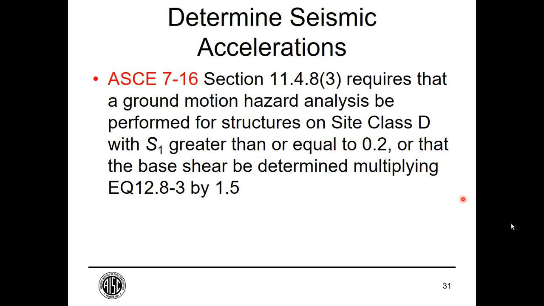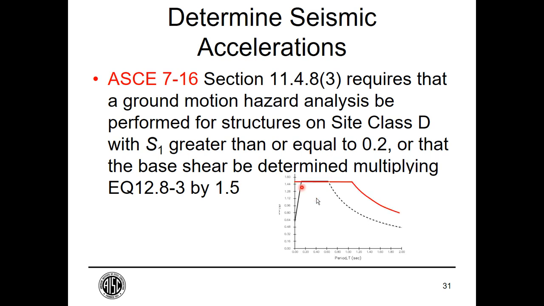ASCE 7-2016, by the way, this is a fairly major change, is asking for a ground motion hazard analysis in many different applications. So if you're on site class D, rather than using default values, you essentially are required to have a ground motion hazard analysis if the seismic acceleration is greater than 0.2 at 1 second.